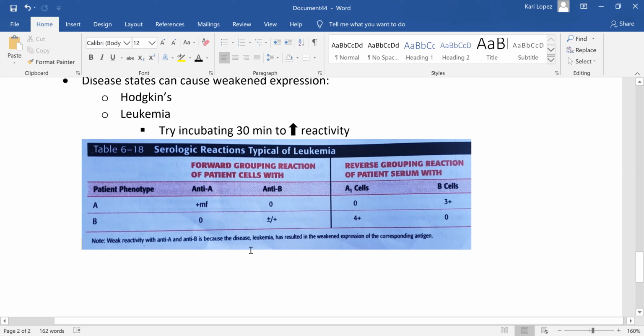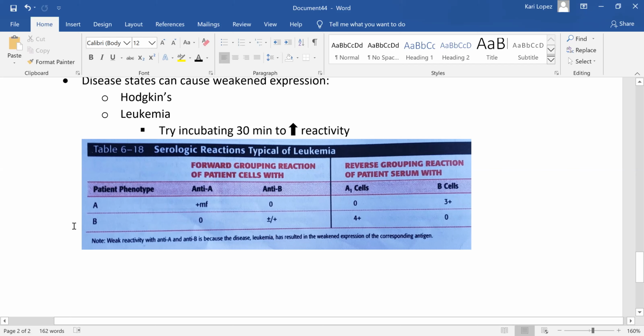It would be 3+ or 4+ for anti-A, negative for anti-B, and then your A1 and B are correct for type A. And your reverse grouping is correct to type as a group B. But it's your forward grouping that has the issue, and that's due to weakened expression of the antigen due to leukemia messing up the cells.